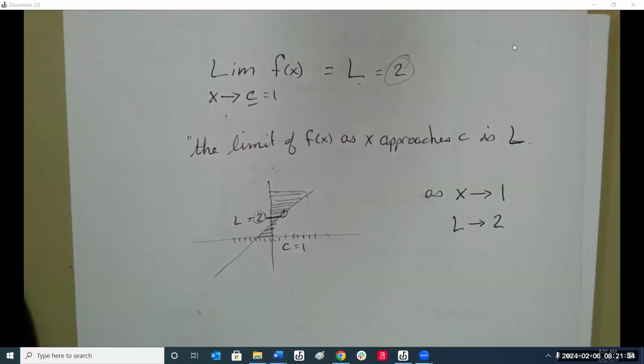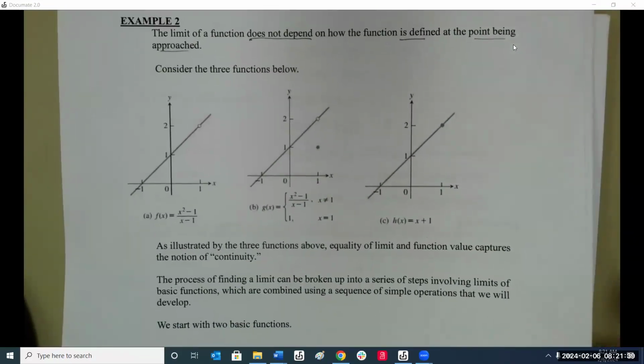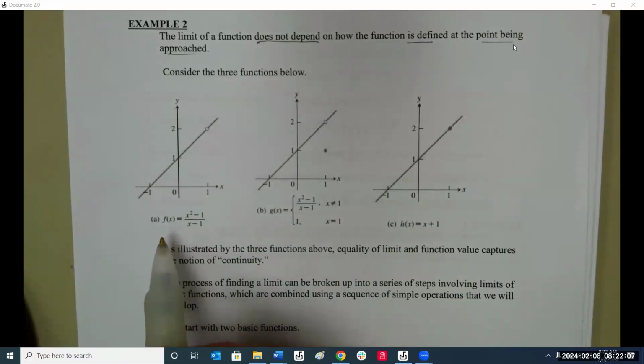Okay, for example 2, look at the 3 functions. What can you tell me about those three functions? So in A, what's happening at A?